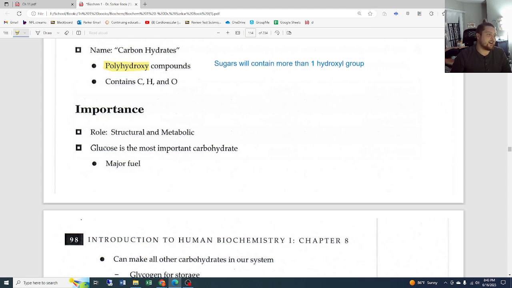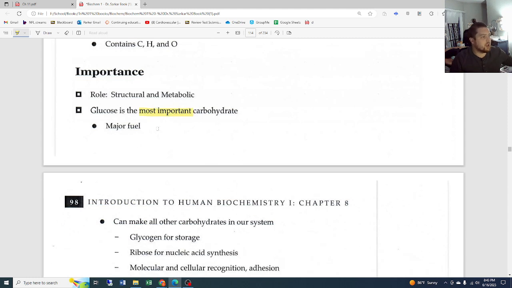Now glucose, we'll talk a lot about glucose. Glucose is the most important carbohydrate. It is the major fuel of the body, and understand that without glucose, we really cannot survive. Either we are ingesting something that can easily be broken down into glucose, so think of any foods that have carbohydrates in them, or our body is going to produce glucose by breaking down our non-glucose sources, so our fats and proteins.